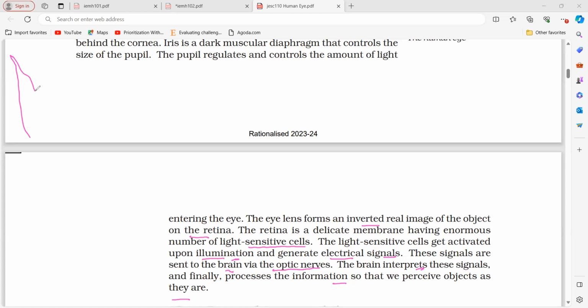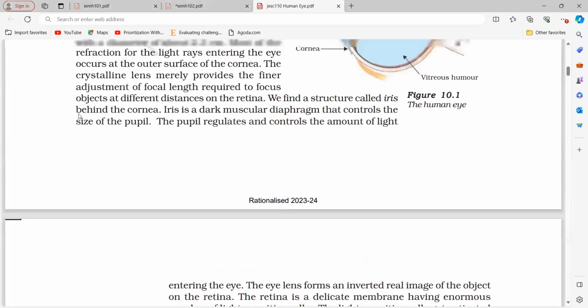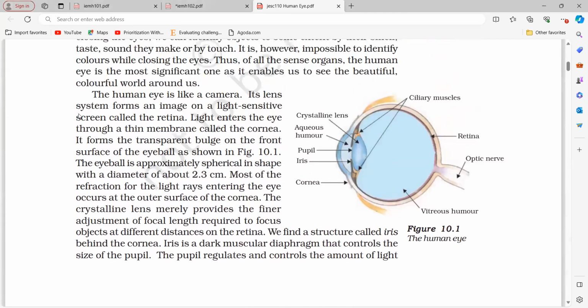I will suggest you read the updated book in which the rationalized 2023 to 2024 syllabus is given. Kindly pay attention to the picture because it can be asked.